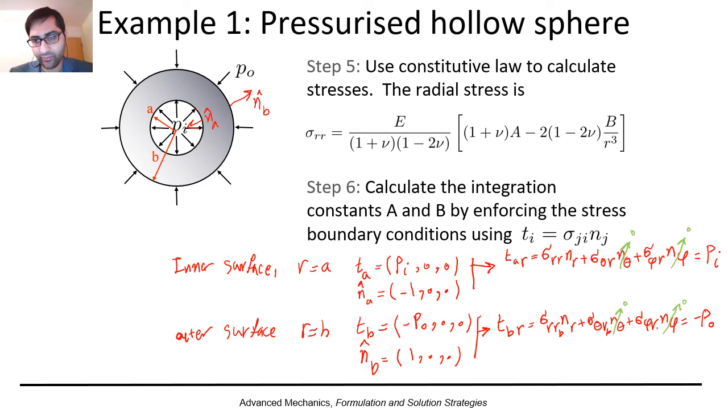So pay attention, these are all at B. And these are all at A. And pay attention that n_r at A becomes minus 1, and n_r at B becomes 1.